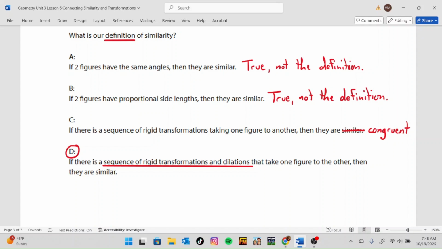So yes, they're going to have the same angles. Yes, they're going to have proportional side lengths, but the official definition is that there is a sequence of rigid transformations and dilations that take one figure to the other. That is the definition, and that is the difference between congruent and similar.